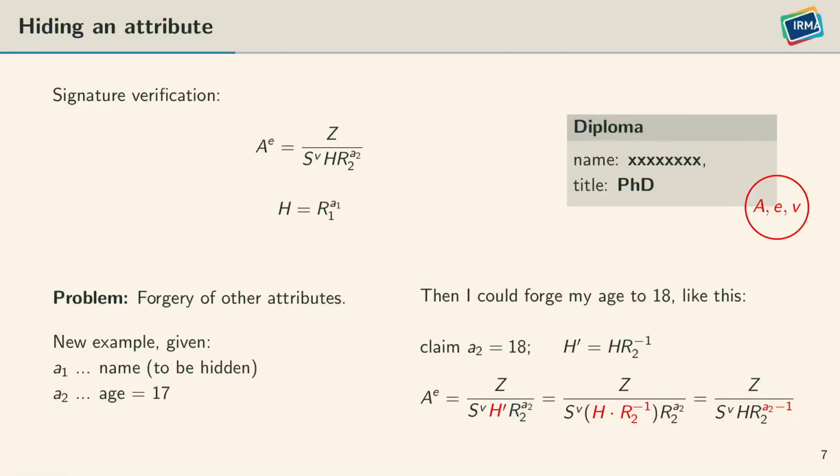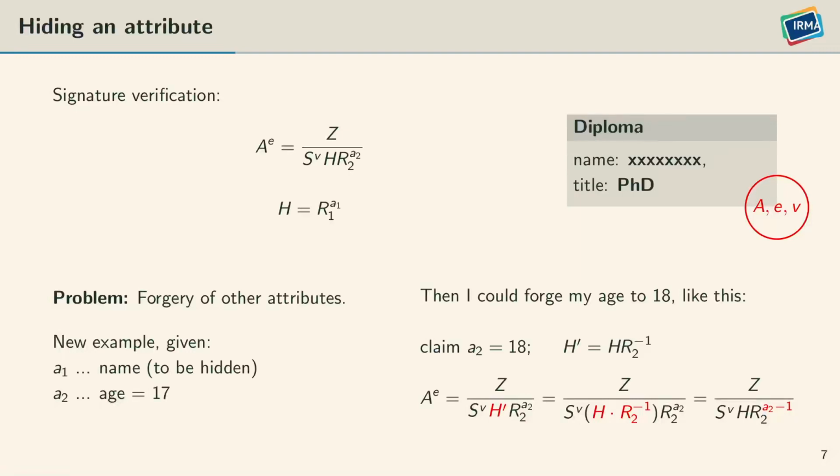In my forgery example, I could forge my age to 18 as follows. I could just claim that my age is 18. And then I would not share my name, but I would share a number again, because I am hiding my name in a number. If I would now not calculate this number as shown above, but calculate it by taking this number times R2 to the power of -1, the claim would hold in the verification equation that my age is 18, although the issuer never issued it.